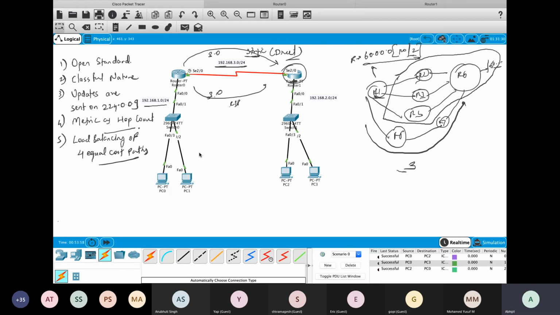Because in that case they will do load balancing of 4 equal cost paths. Whenever you have multiple routes that have the same metric value for the same destination, you call them equal cost paths, and then the traffic between equal cost paths is shared. So you can have four such equal cost routes installed into your routing table for one network. Do you understand what I'm trying to say?